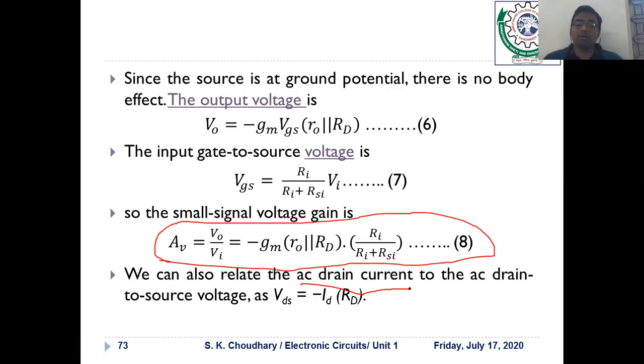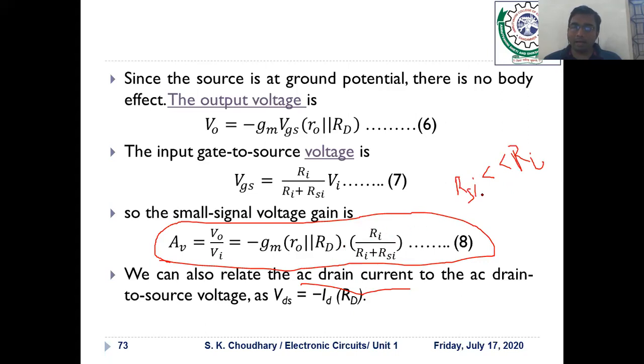Now, what I have told you is that to minimize the loading effect, RSI should always be less than Ri. What is the benefit of this? It would increase the gain. See here, the gain has this factor.